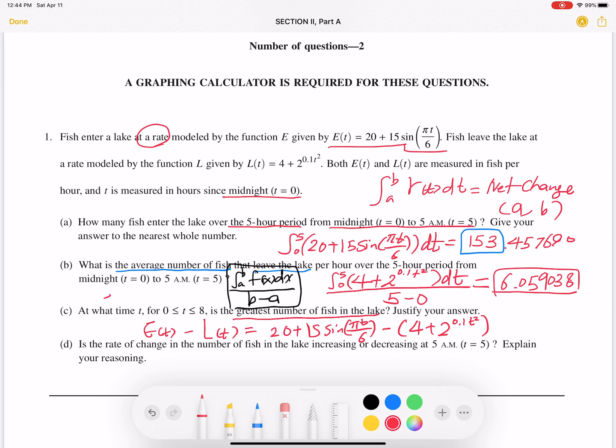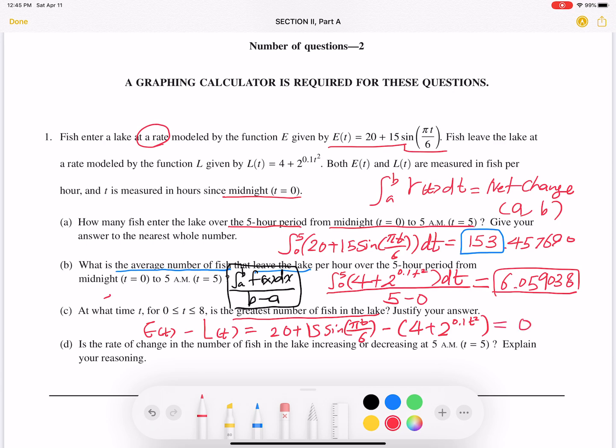It is the rate of the number of fish in the lake: entering rate minus leaving rate. That is the actual rate of number of fish in the lake. Okay? Think about when this rate is 0.